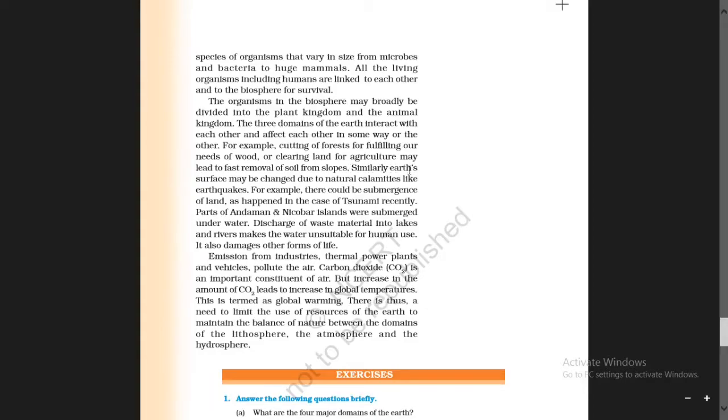Similarly, the earth's surface may be changed due to natural calamities such as earthquake, volcanic eruption, landslides, like that.